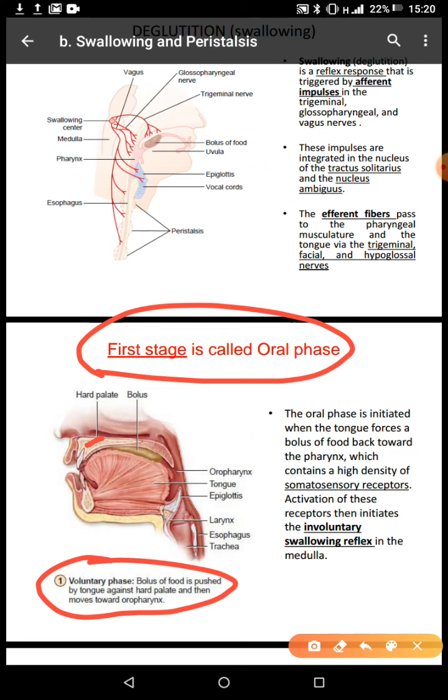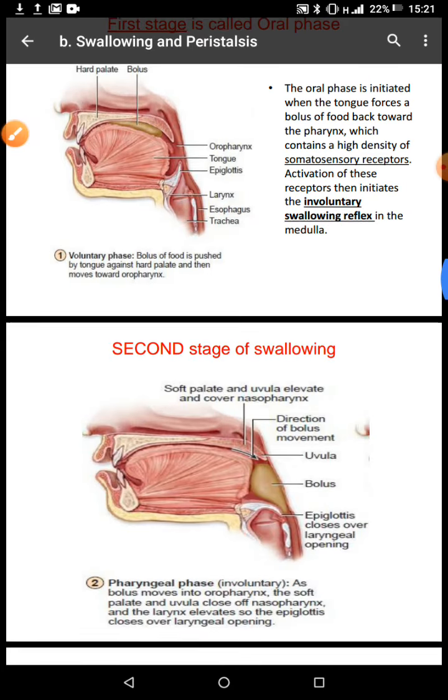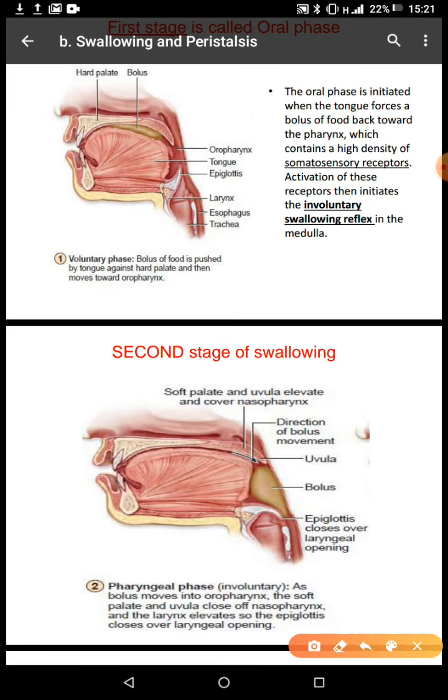The oral phase is initiated when the tongue forces a bolus of food back towards the pharynx, which contains a high density of somatosensory receptors. So activation of these receptors will initiate the involuntary swallowing reflex in the medulla. And then it will move into the second stage.